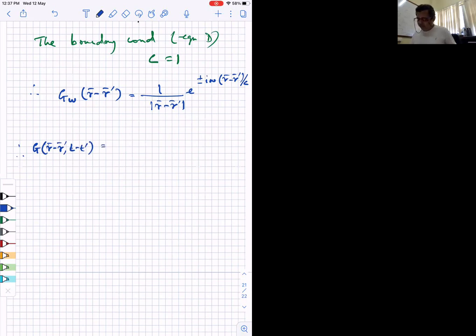This is basically the integral d omega by 2 pi, 1 over r minus r prime, then into e to the power plus minus i omega. So let me write it carefully.